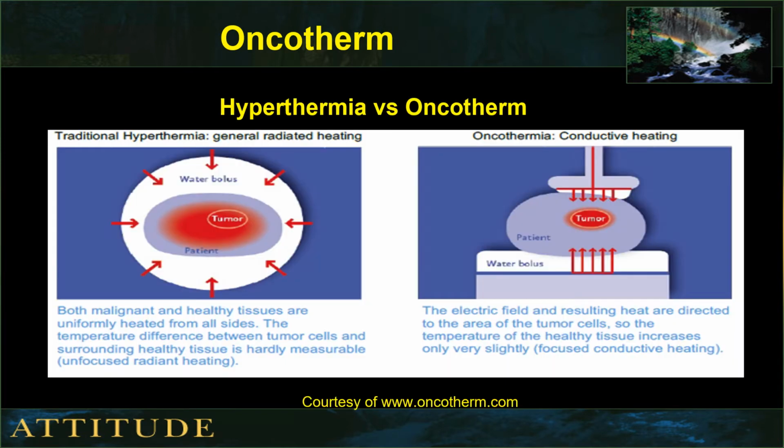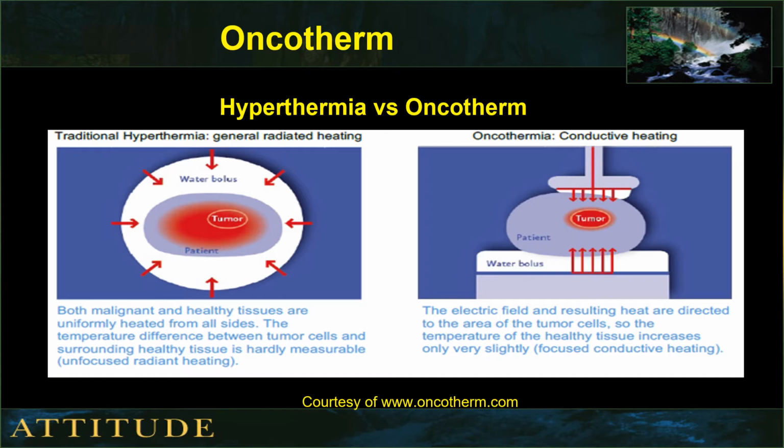Again, just going through a bit of the background that we touched upon in our first lecture on Oncotherm, hyperthermia and Oncotherm are kind of used interchangeably, but there is a big difference. Typically, when you mention hyperthermia, everyone is thinking of whole body hyperthermia, where the whole body is heated.